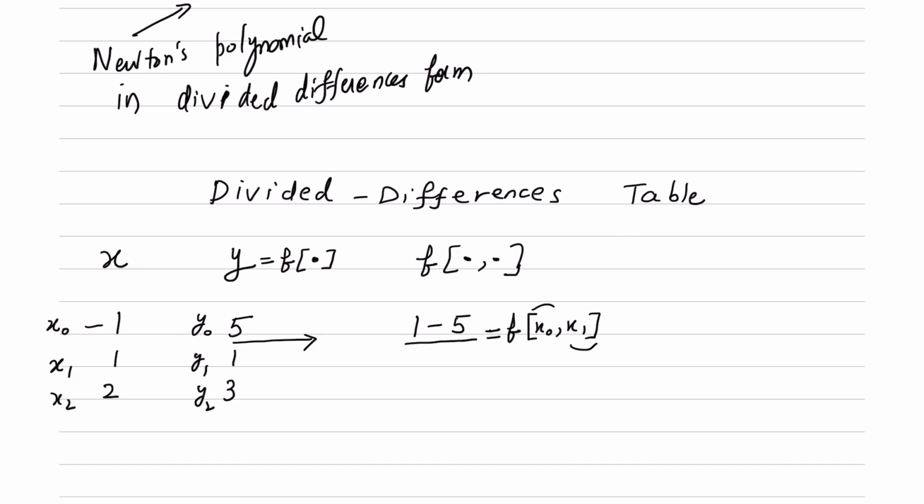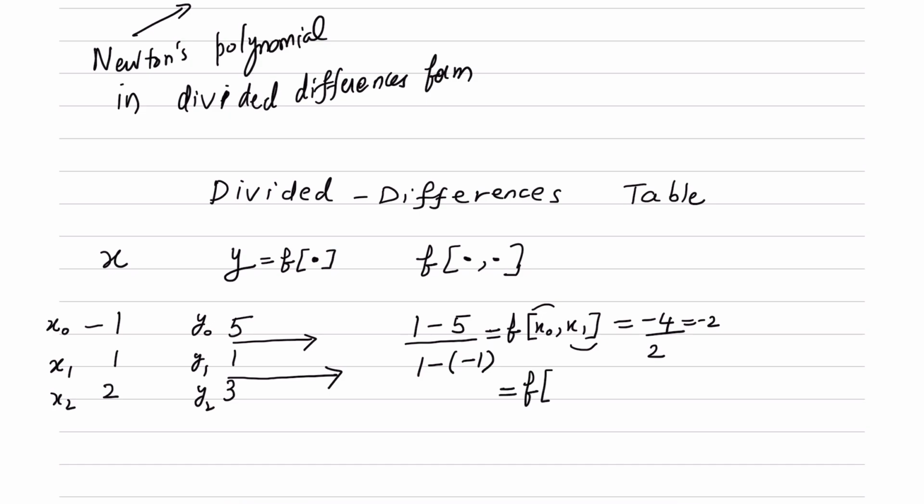So x1 is 1 minus x0 is -1. So we get here -4/2, which is minus 2. So we have gotten the value of f of square bracket x0 x1, which is minus 2.